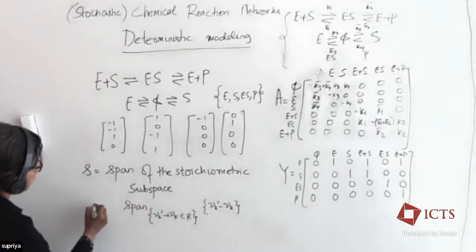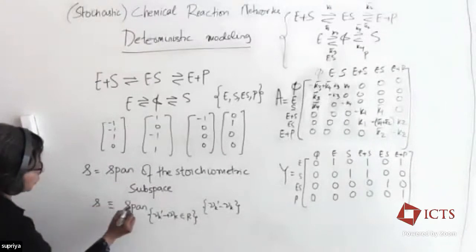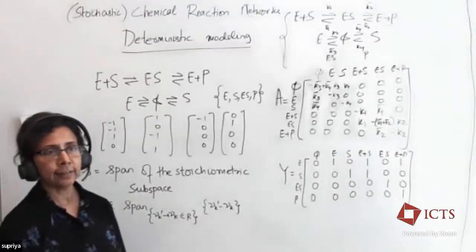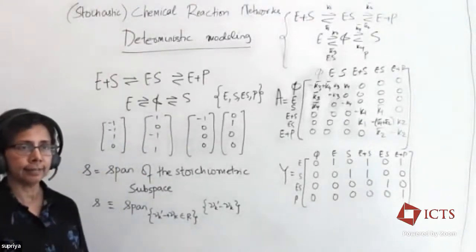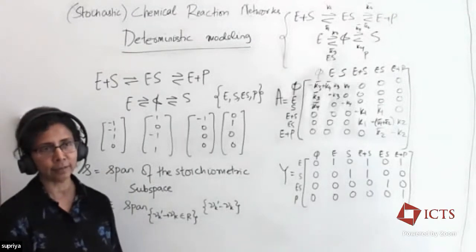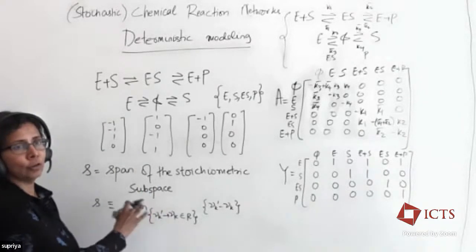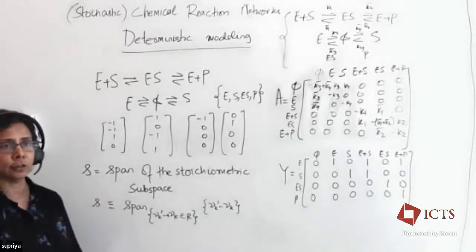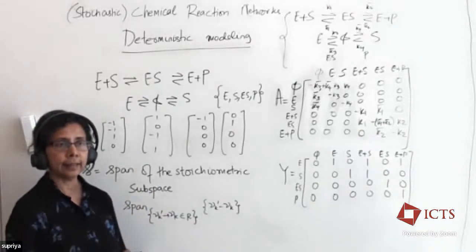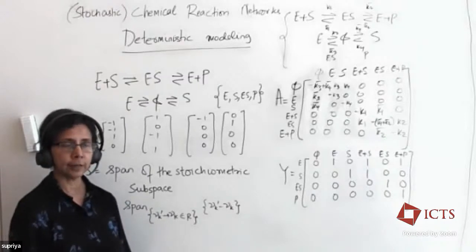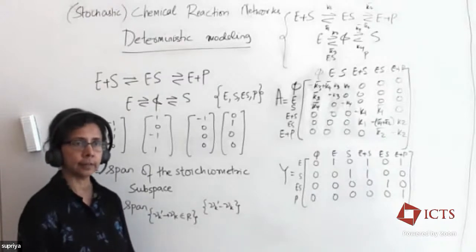And this S is the span of this. So this is the definition. And span is a fancy way of saying that it's the number of independent vectors that you can construct. So that's a formal definition of this S that we will need to construct this quantity of interest called deficiency.